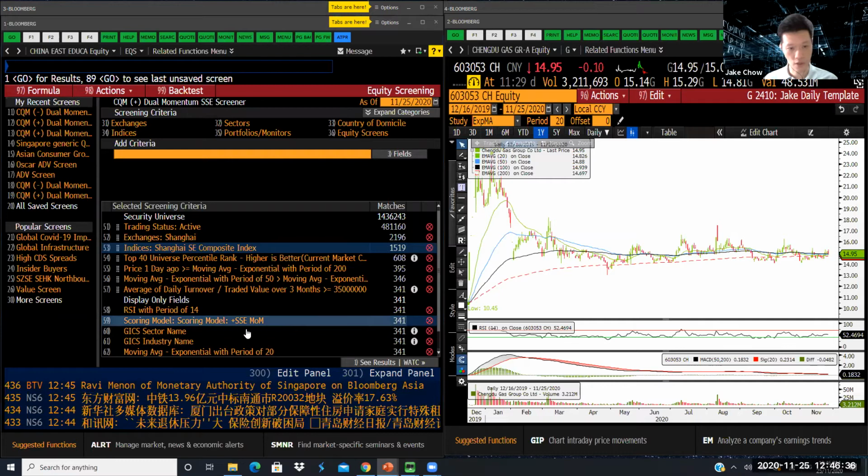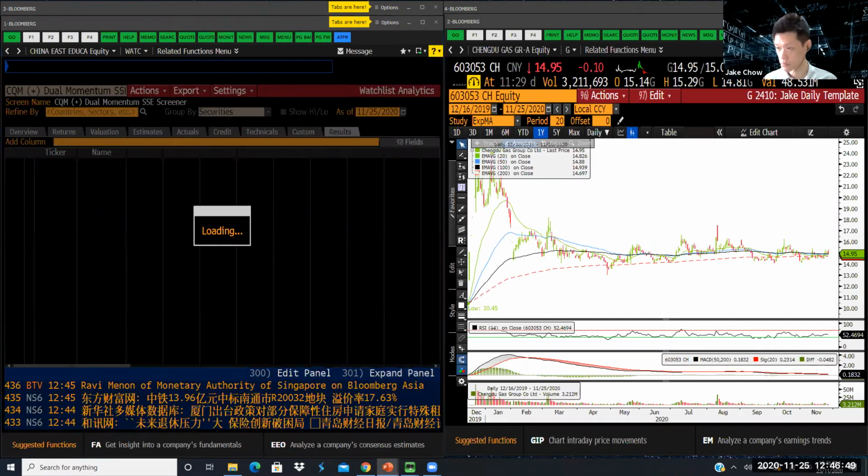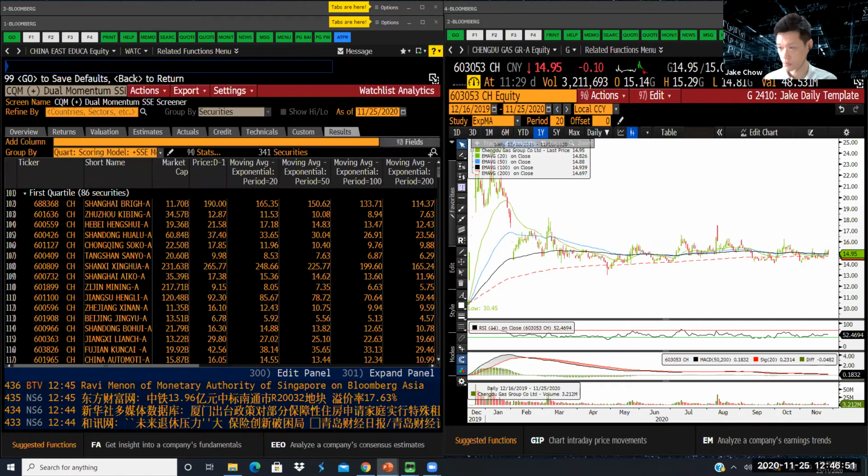Okay. So this is a scoring model, and of course, last but not least, you want to know the results, right? So to see and generate the results, you click See Results. Okay, so this is the generated results.